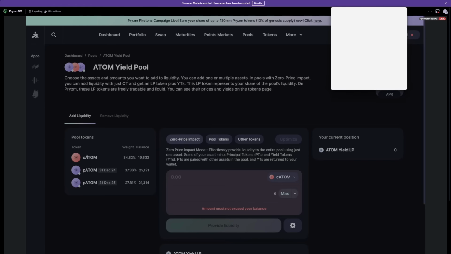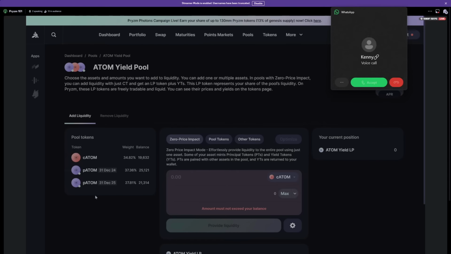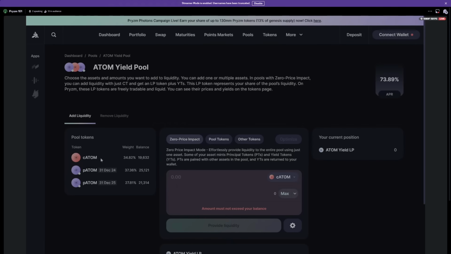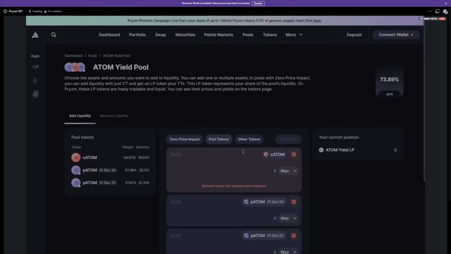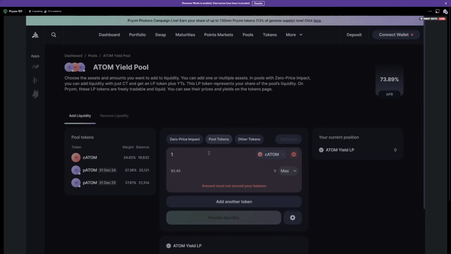If I provide liquidity here to this pool, I receive a liquidity provider token. If I provide, say, just C atom to the pool, then what happens is I'll provide 10 C atom or 100 C atom, say, and it will take my 100 C atom and swap 37.36% of them into P atom here and 27.8% of them into P atom here, and then give me a liquidity provider token.